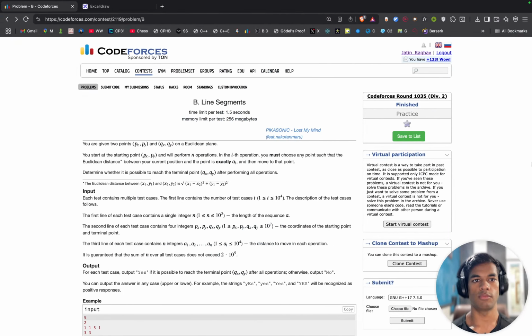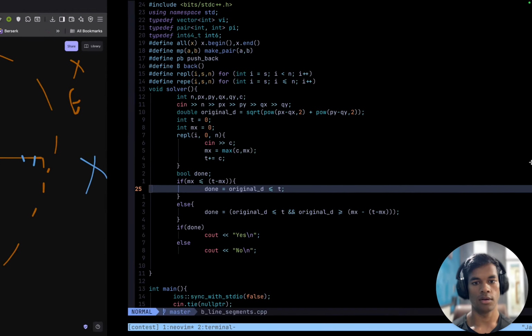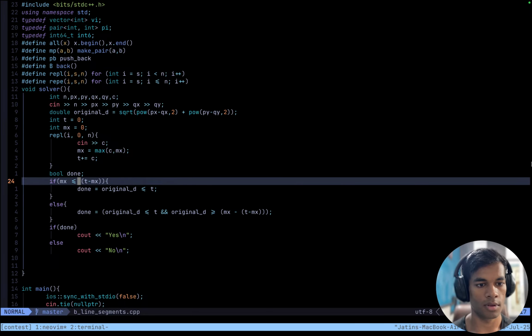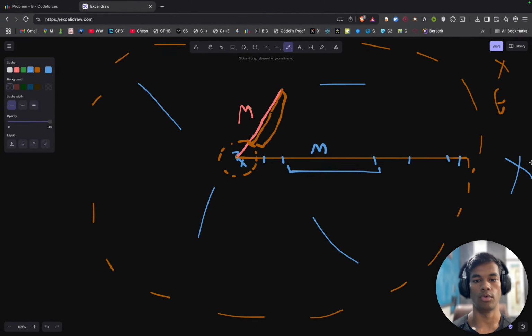Wait, what does this mean? This means, wait, if maximum is less than or equal to t minus maximum. Yeah, cool.